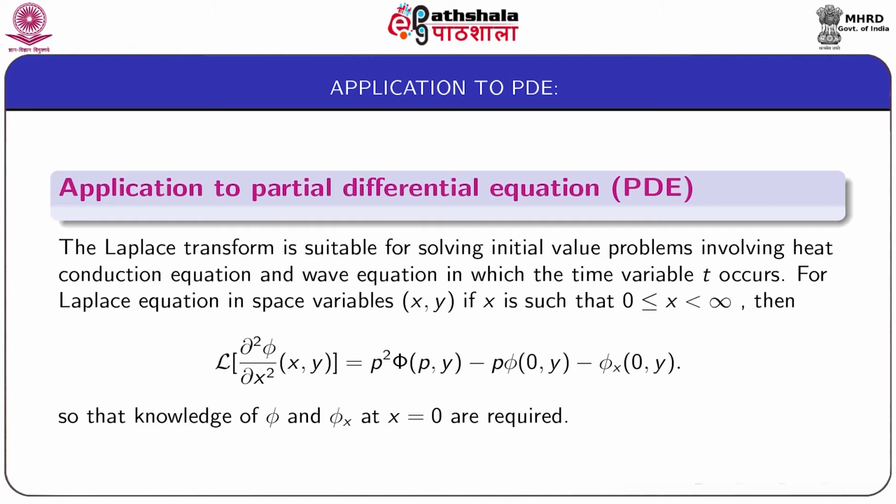Here capital Phi(p, y) is the Laplace transform of small phi, and so in calculating the Laplace transform of del square phi by del x square, we require the knowledge of small phi and small phi_x at x equal to 0.